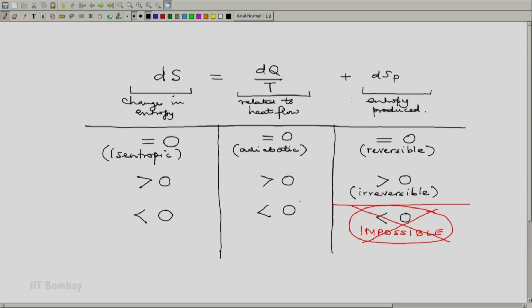The third option is also possible. Let us consider a situation where the entropy produced is 0. Well, dS_p is 0. That only means that dS is equal to dq by T. Neither of them need be 0. It is possible that a system absorbs heat during a reversible process, in which case dS will be positive, the entropy will increase.